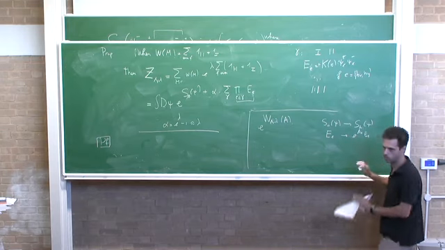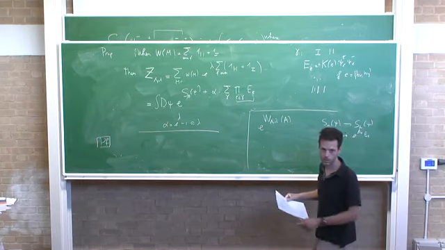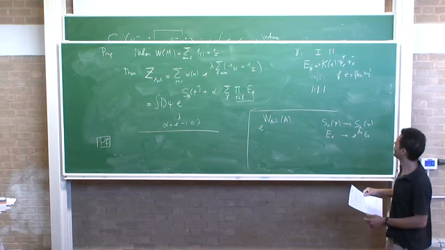Maybe it's not so good to have a K of E, because K is the Kasteleyn matrix. You want something else, right?